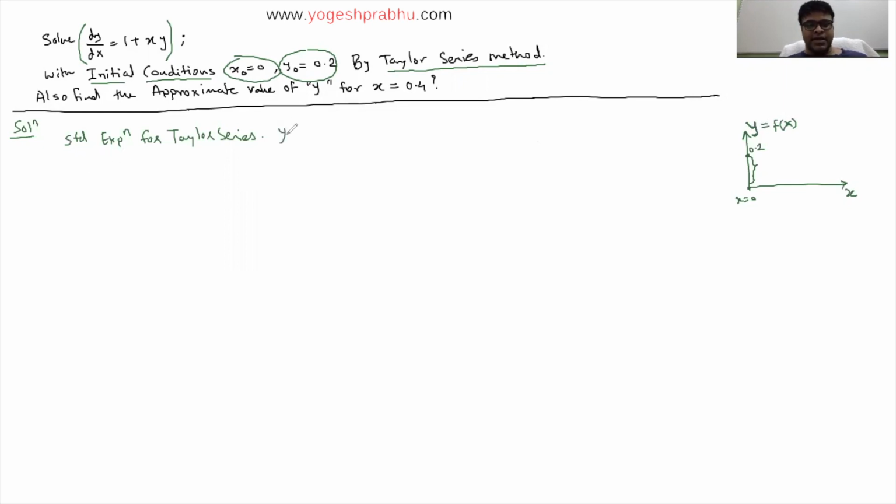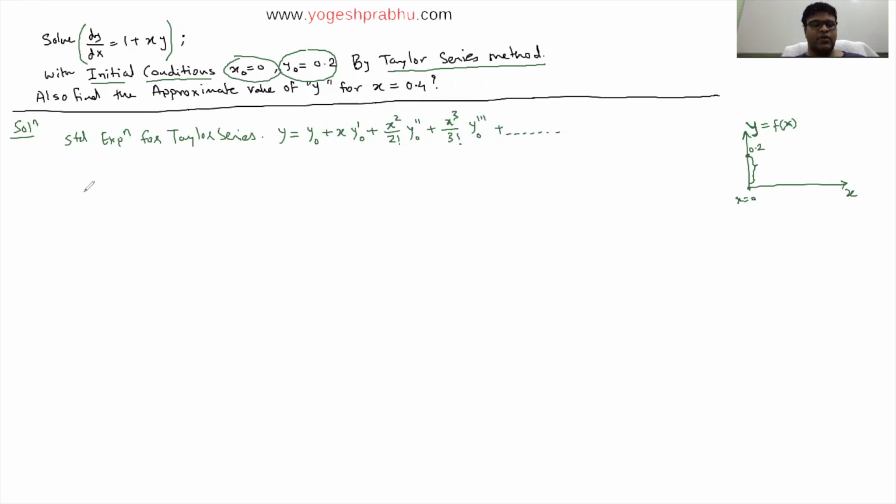It is like this: y is equal to y naught, that's the initial value, plus x y naught dash plus x square upon 2 factorial y naught double dash plus the next one will be x cube. There is a series, right? So you can always imagine x cube after x square will be x cube over 3 factorial and y triple derivative naught, and so on. That's a Taylor series.